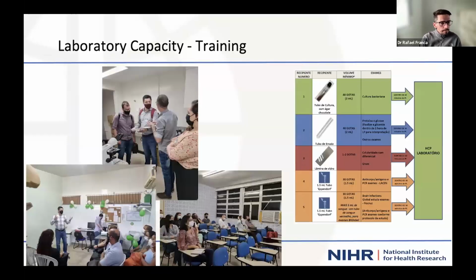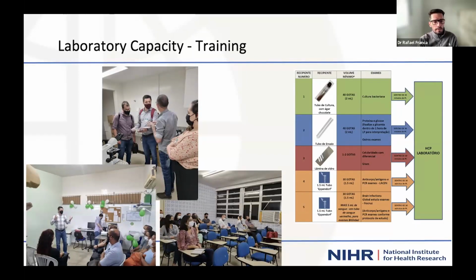Next slide, please. So regarding the laboratory capacity training, we did workshops focused on training the laboratory personnel. So we can see here pictures of laboratory people attending a workshop with a CSF specialist that explained how to better perform CSF analysis, for example, cell counting, Gram stain, and which tests are useful for detection of pathogens.